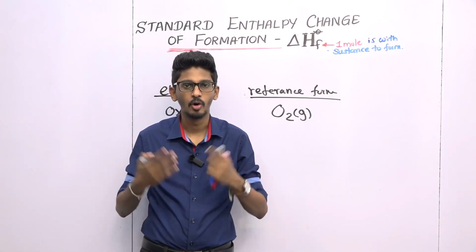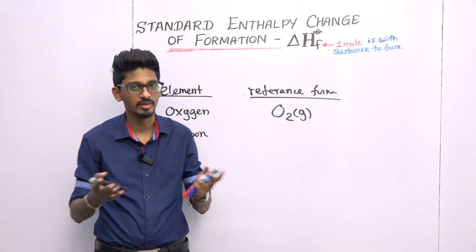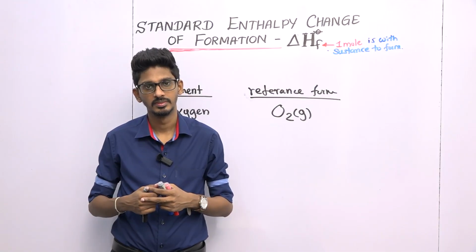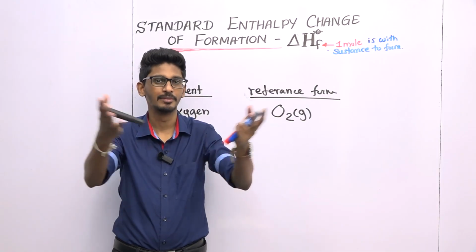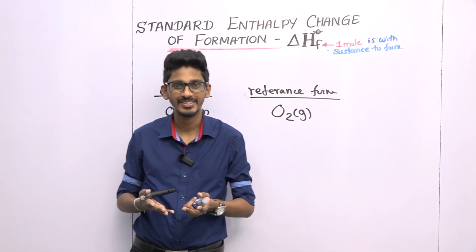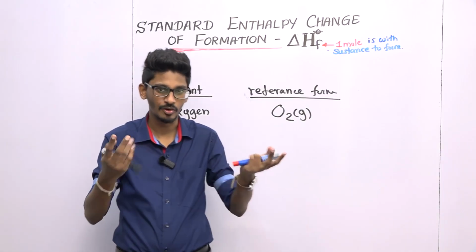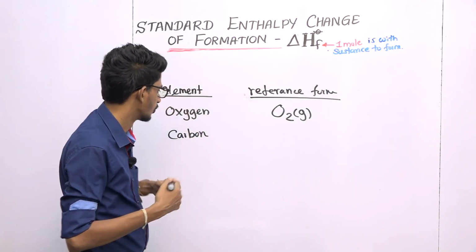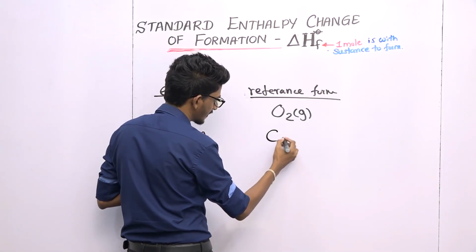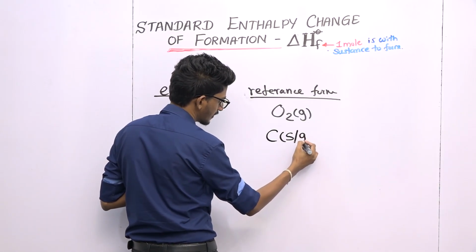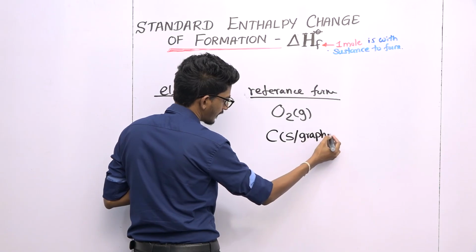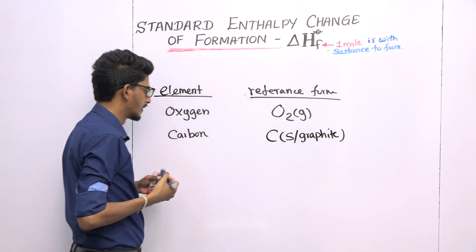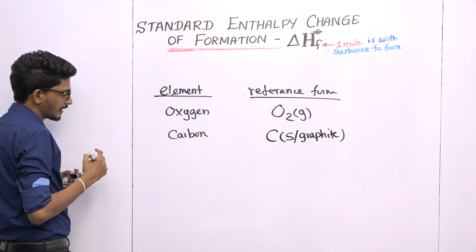Graphite is the most seen form in the environment. You won't see diamonds appearing all the way. What you see are black stones, and those are graphite. So solid graphite is the reference form of carbon.